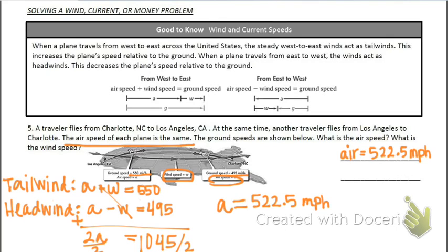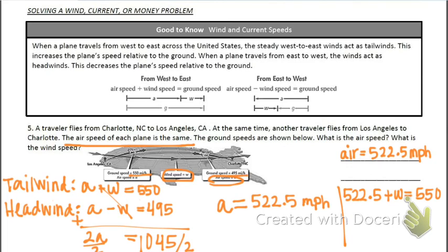Plug it in. So your choice. Plug in 522.5 to the tailwind or the headwind problem. I don't care which. I'm probably going to do the tailwind because that keeps W positive. So it's going to be 522.5 plus W equals 550.